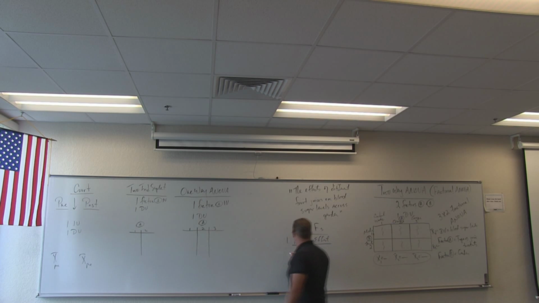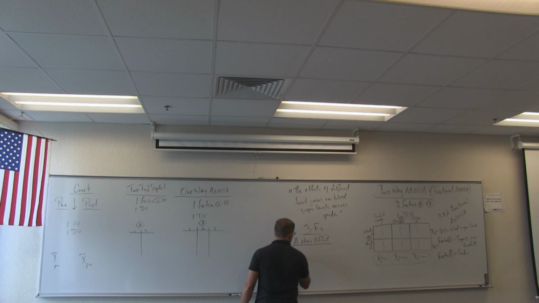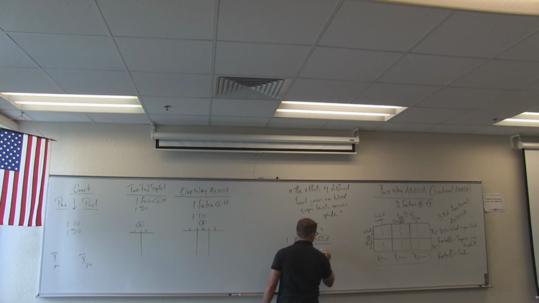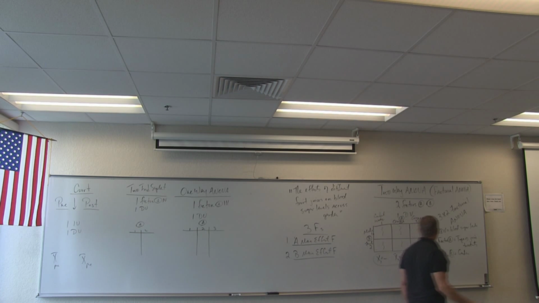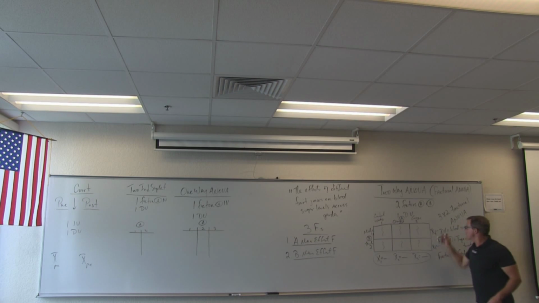Our second F statistic is called the B main effect F. The A main effect F, the B main effect F. If we have a significant B main effect F, it's telling us that we have a significant gender difference on blood sugar levels.